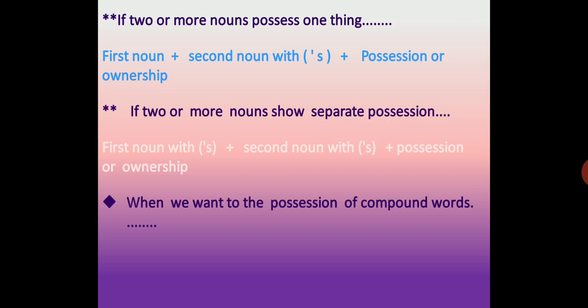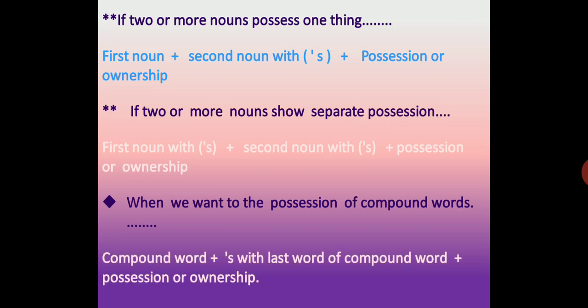Next rule is when we want to show the possession of compound words. As we know, the compound word is the combination of two or more words. So, if we want to write the compound word in possession form, we use this pattern.